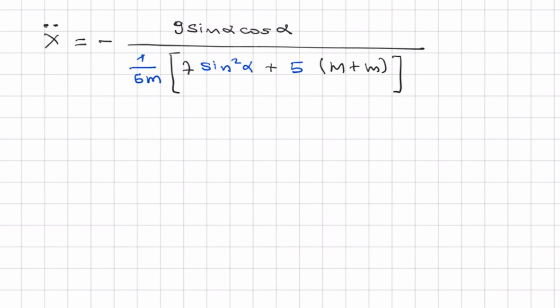The final step would be, we know the denominator of the denominator goes to the numerator. And I distribute this 5 multiplying each term inside the parentheses. And finally, this is the result.